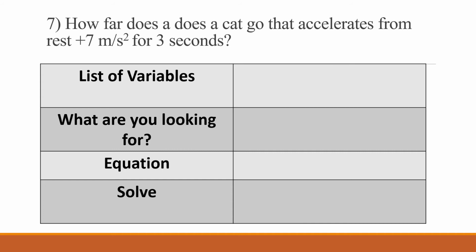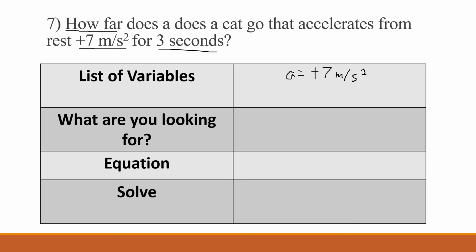How far? Okay, we're looking for distance again. How far does a cat go that accelerates from rest plus 7 meters per second squared? When I see that unit, I have to know that that means my acceleration is plus 7. We just have to know that.